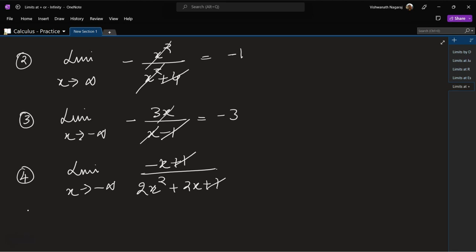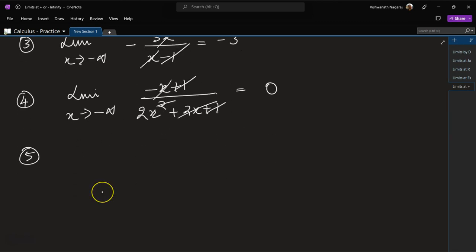That is 2 times infinity has no impact on 2 times infinity square. So this we can ignore. And here x and one of these x's cancel. Now if the denominator goes to infinity, what happens? 1 divided by a very large number gives you 0. So the limit is 0.